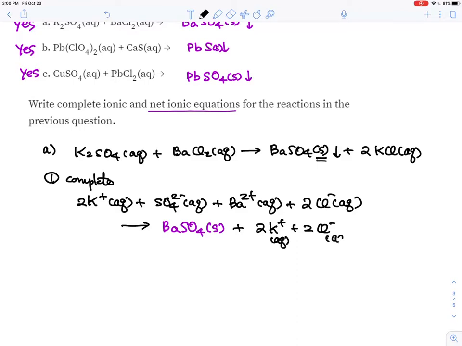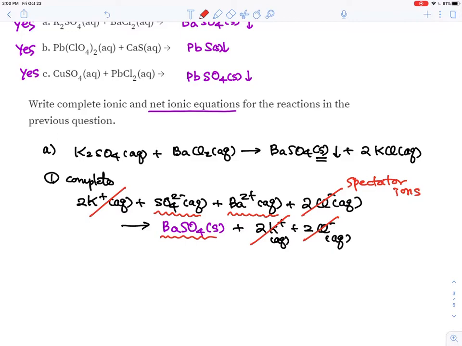So this is a complete reaction, recognizing that when barium meets sulfate, they form this insoluble precipitate. And the others are what is called the spectator ions, and they just hang around and do nothing before and after.